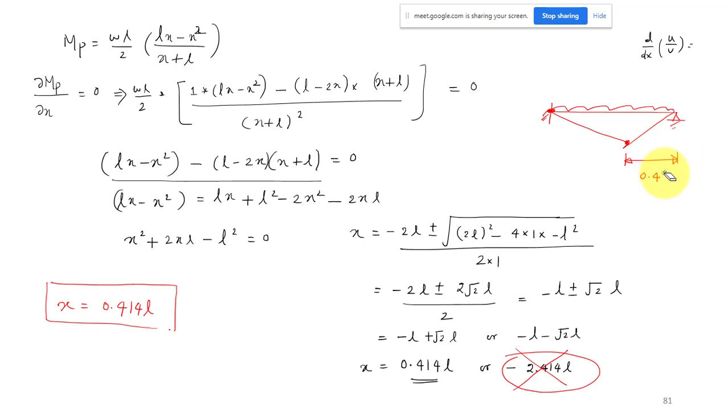This one you have to remember, it is a very important thing.